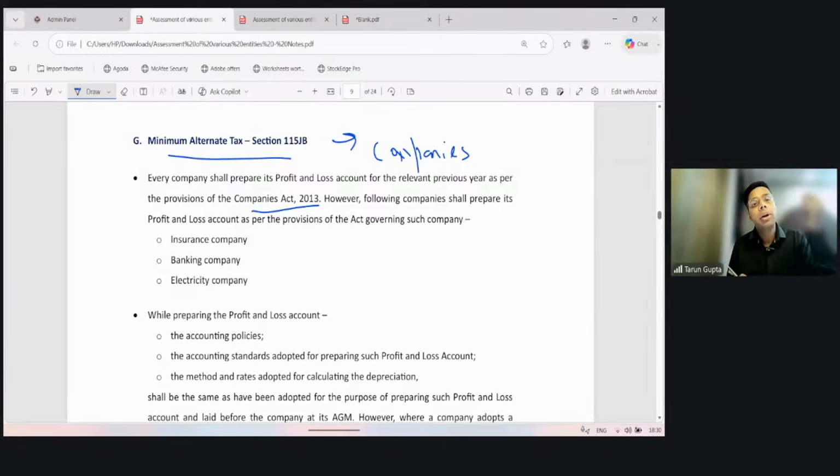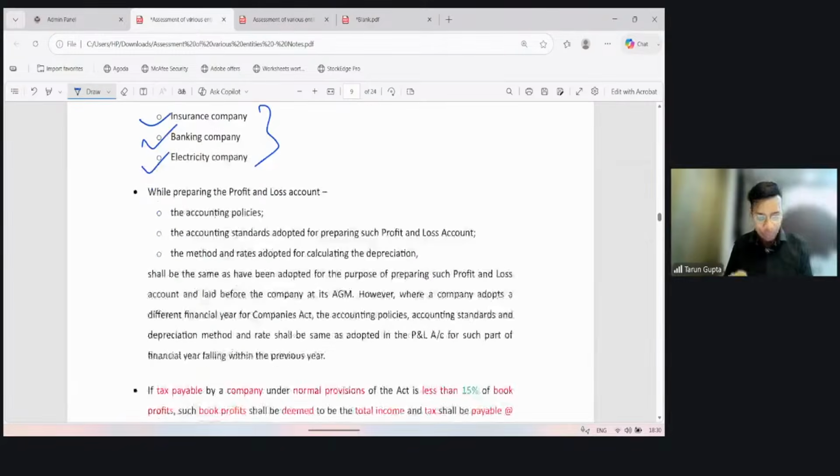So such entities shall prepare the P&L account as per the provisions of their special statute. Which are these entities? Entities engaged in insurance business, banking business, or electricity companies. There are special statutes governing these entities which prescribe the manner of preparation of final accounts, so these entities prepare accounts in accordance with such special statutes.